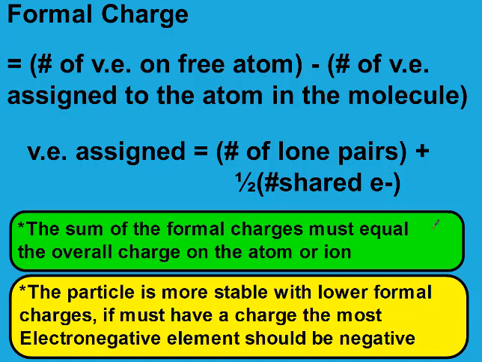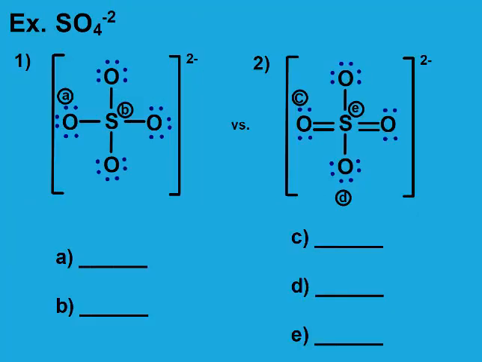Formal charge is used to decide which Lewis structure is the most stable for a compound. So for sulfate, there's 2 different ways of drawing sulfate. I have Lewis structure 1 and Lewis structure 2. The prompt would say which Lewis structure is the most probable Lewis structure based on formal charge. Explain why.